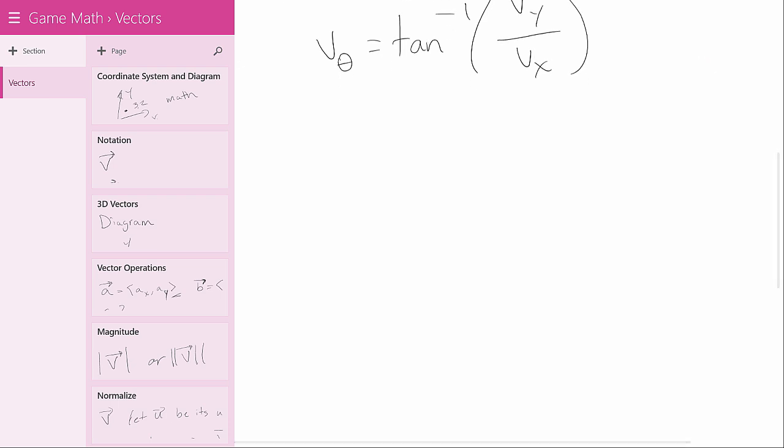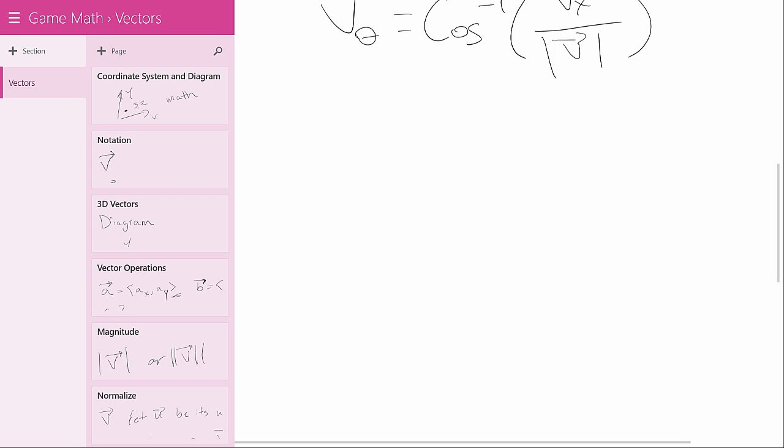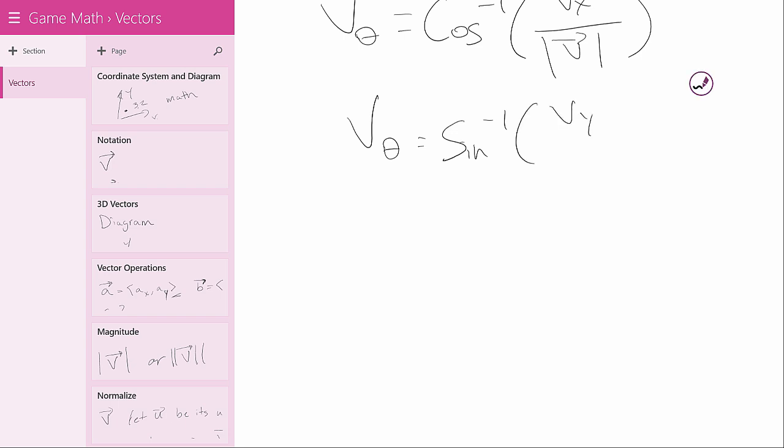The next way is inverse cosine. And that's Vx divided by the length of the vector. So in this way, only the x component needs to be known. And the last way is inverse sine, Vy divided by the length of the vector.